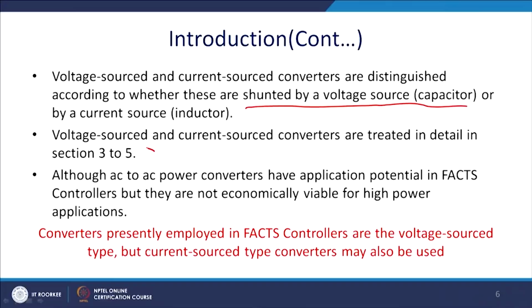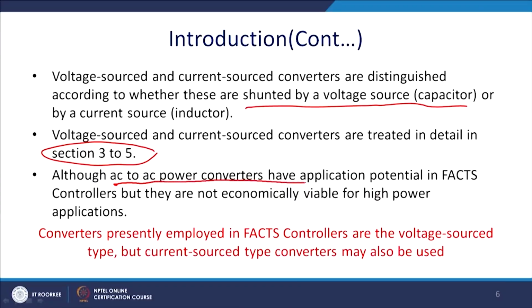For this we will prefer the voltage source converter. Voltage source and current source converters were already discussed in our lectures 3 to 5, so we are not elaborating it here. In this section we will mostly concentrate on the voltage source converter.